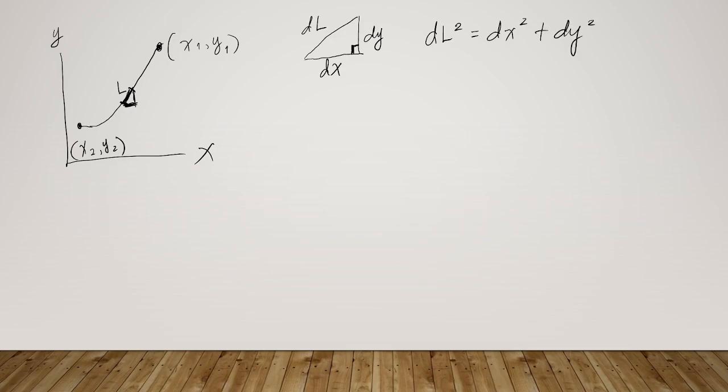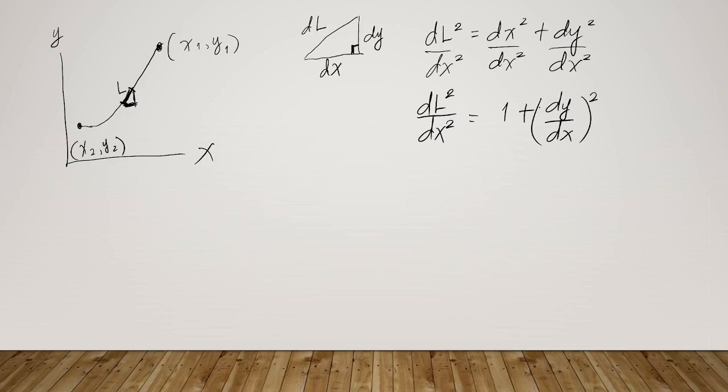Okay. Galing yan sa c squared is equal to a squared plus b squared. Yan, favorite ng marami. So next, divide natin by dx squared. After dividing that, this will become dl squared over dx squared equals 1 plus dy over dx, squared.